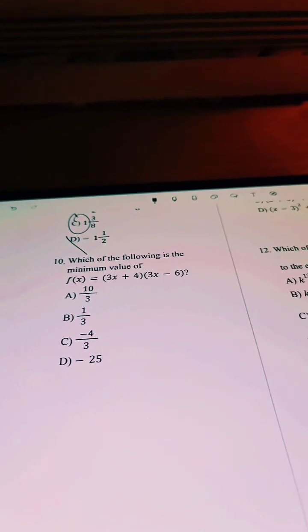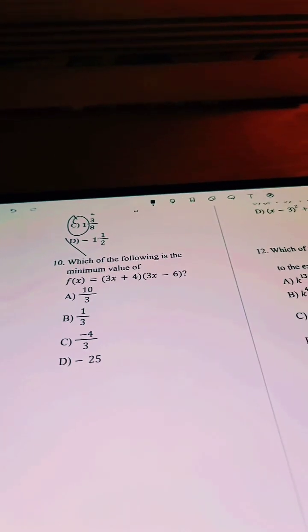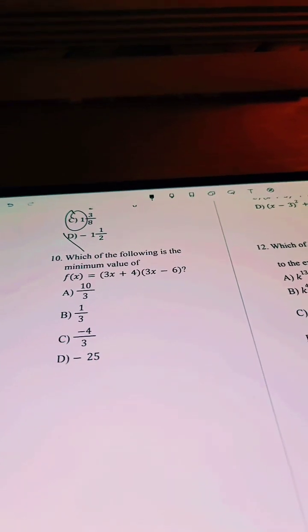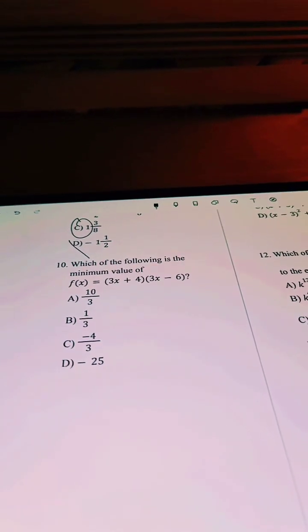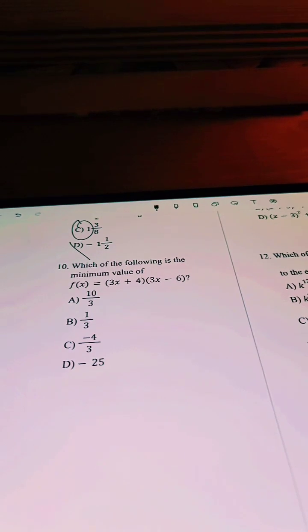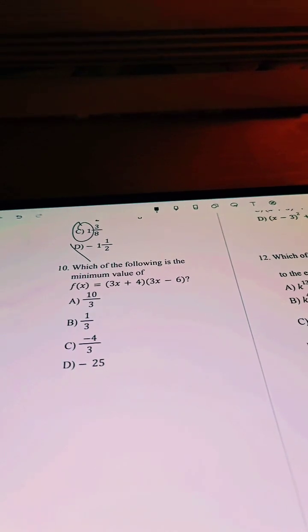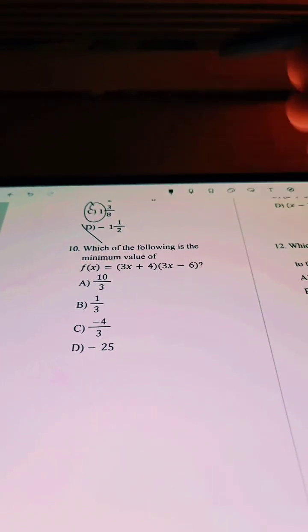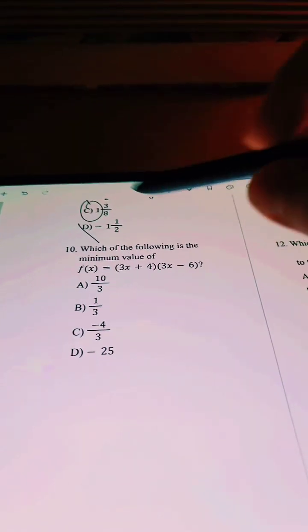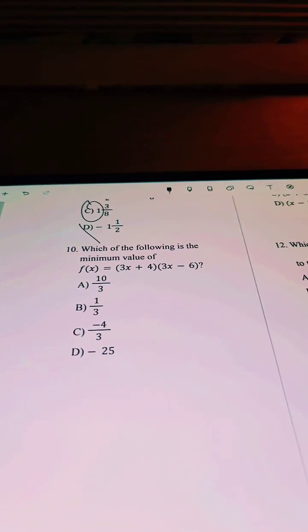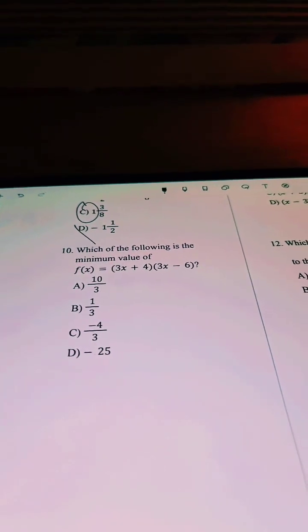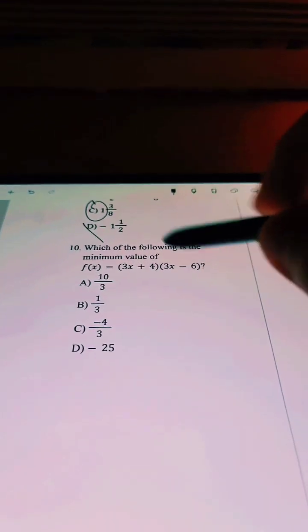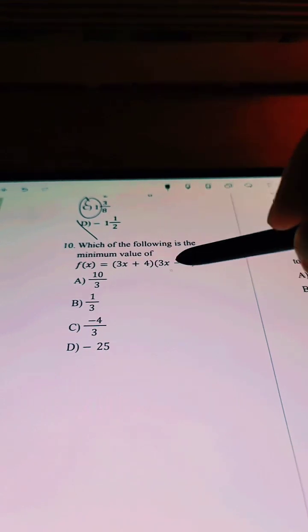If it phrases it like find the x value or x coordinate, that's when it's asking for the x. So here we're being asked for y when we have the minimum, or you could also think of the y of the vertex.